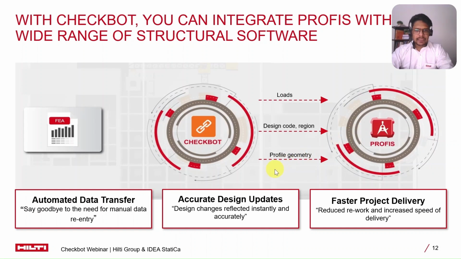All the design updates that we might have during the life cycle of the project in the design phase, we can handle those changes effectively. As a result, we can have faster project delivery because we are reducing the rework time and the re-entry time. We are also making sure that revision handling is done better. So definitely faster project delivery is on the order.